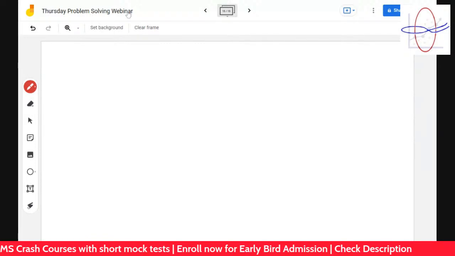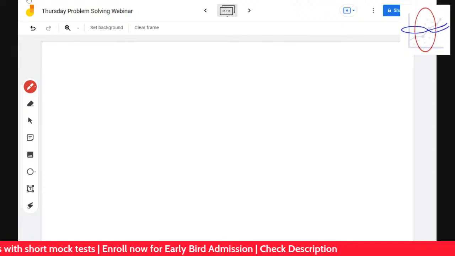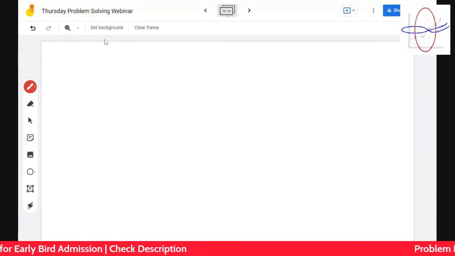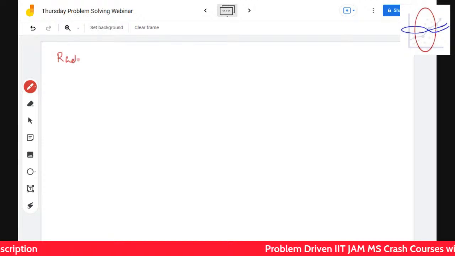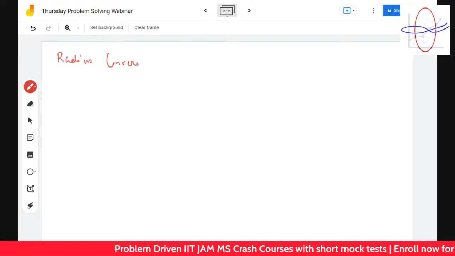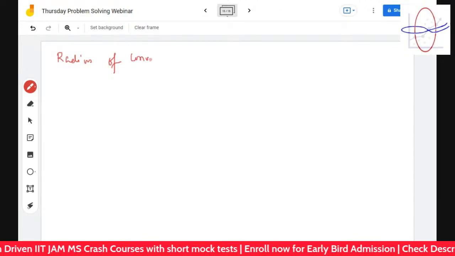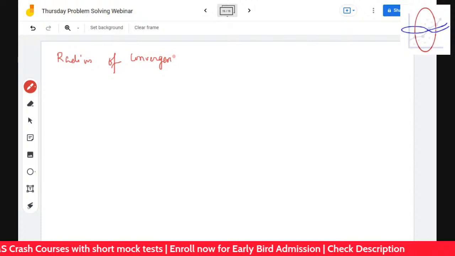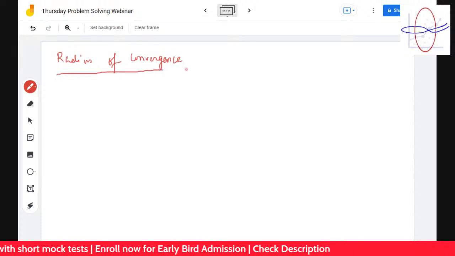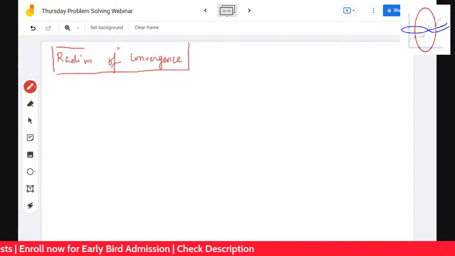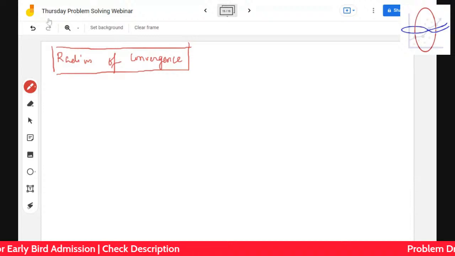Okay, so I think we have not done radius of convergence till now, right? So let's revise the idea of radius of convergence. It's a 20, 30 minutes idea. I don't know, Suryanshi is not here. It was her doubt, but radius of convergence. We will not do it again in our classes, maybe we will do it in the mathematics crash course.